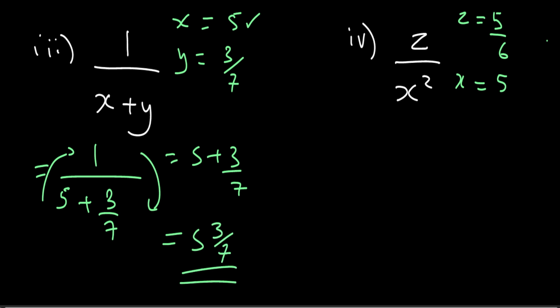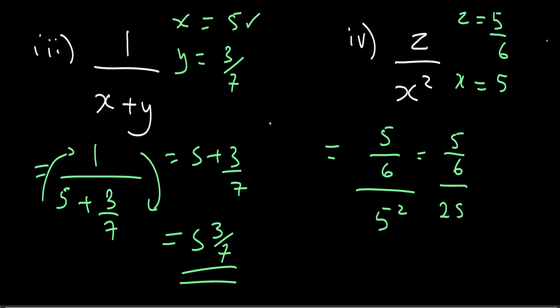So very simple. Now for the other question, which is z over x squared, basically we do the same thing: 5 over 6 over x squared, which is 5 squared. Therefore it's going to be 5 over 6 over 25. Now again, we do the same thing.